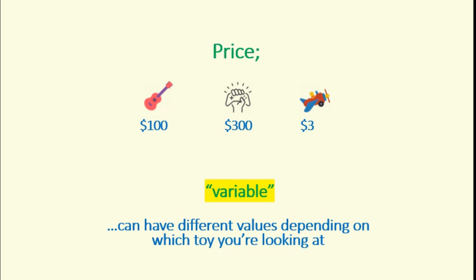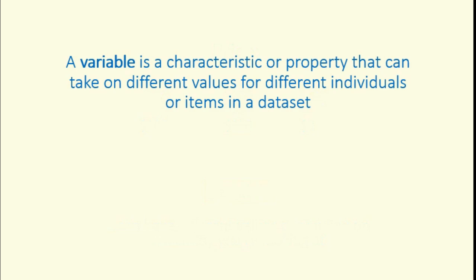Now, it's very important that we understand what attributes and variables are because it helps us to organize information in statistics. So to crown this all, in statistics, a variable is a characteristic or property that can take on different values for different individuals or items within a data set. Variables can vary from one entity to another and can be measured or observed.